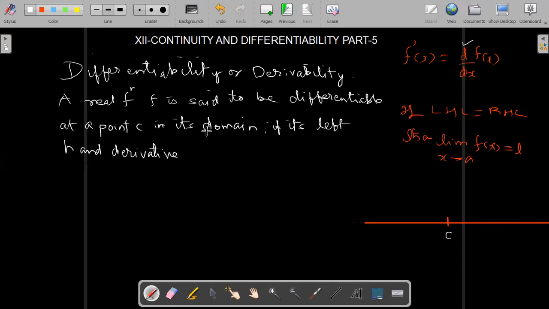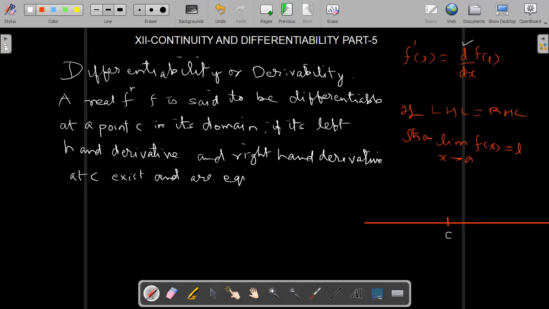So if its left hand derivative at C and right hand derivative at C exist and are equal, first of all they must exist, otherwise they cannot be equal.